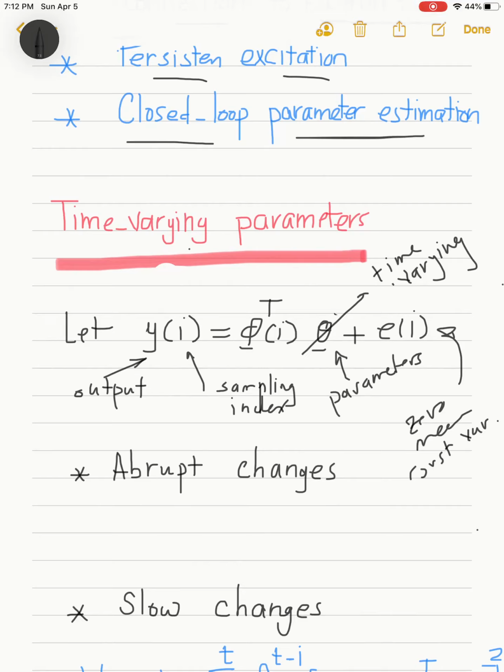We'll have two possibilities for the variation of the parameter theta. One possibility is to have abrupt changes, like sudden changes in the values of the parameter.